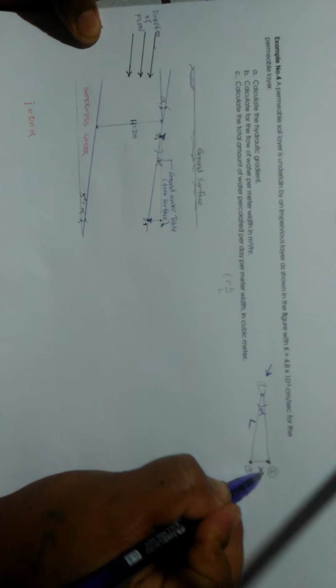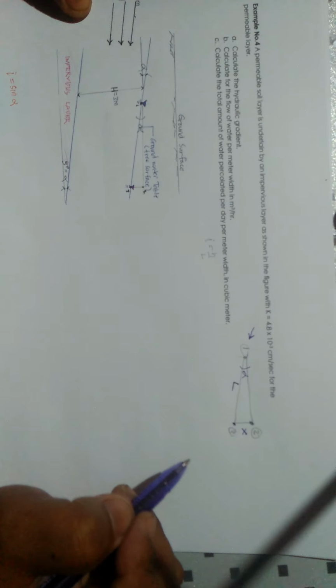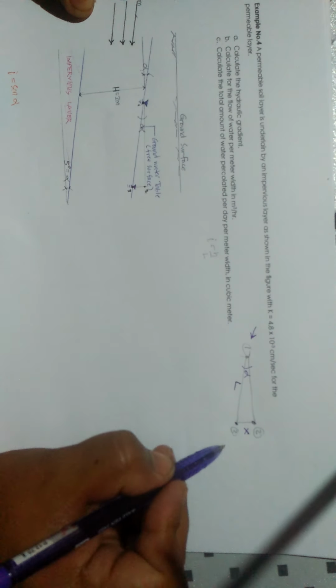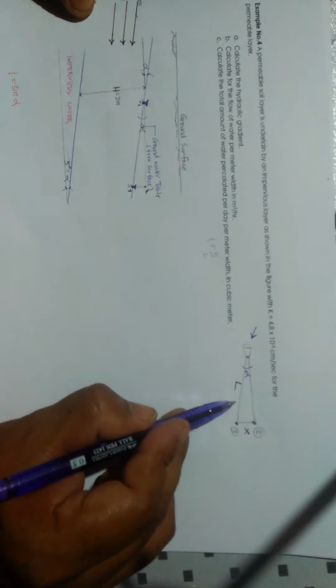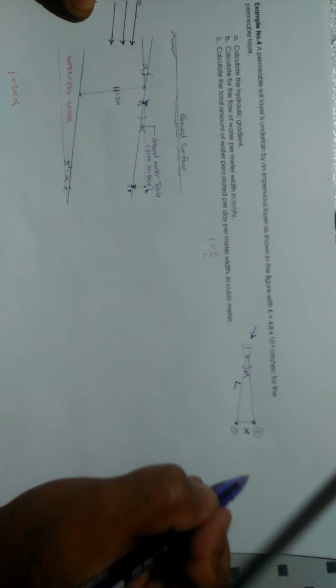So ngayon, this one is your alpha. And from point 2 to point 3, let's say this one is your X. Tama ba ako? Okay. So if that is your point X, ang magiging formula natin, opposite over hypotenuse. So meron tayong sine.